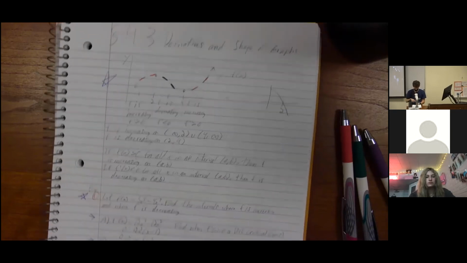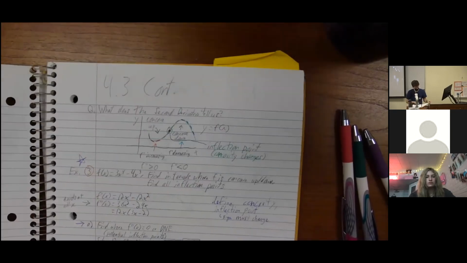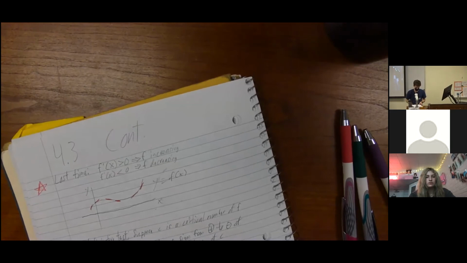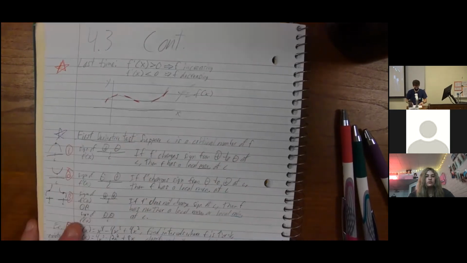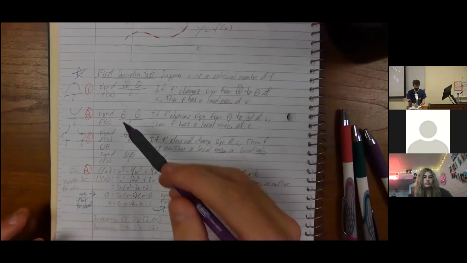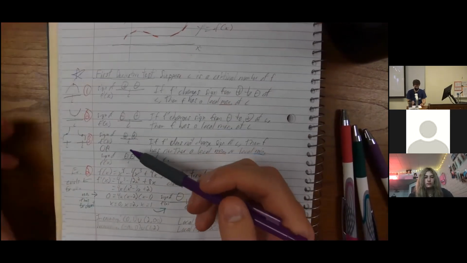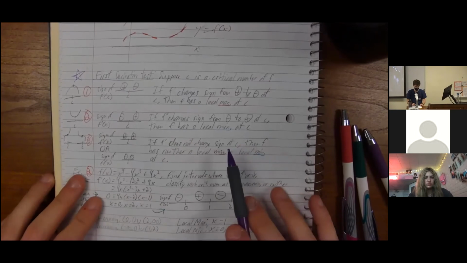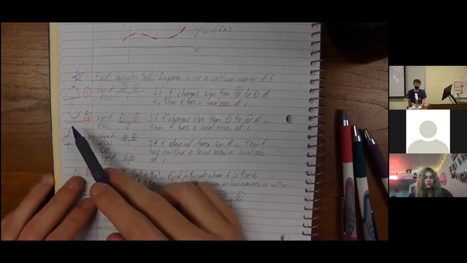So going over here, we have the first derivative test, which allows us to tell whether you have a maximum or a minimum at different points.